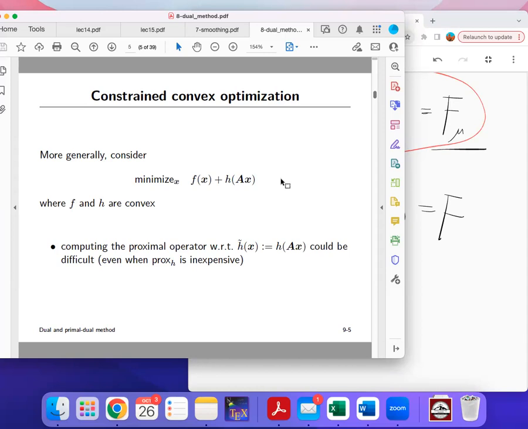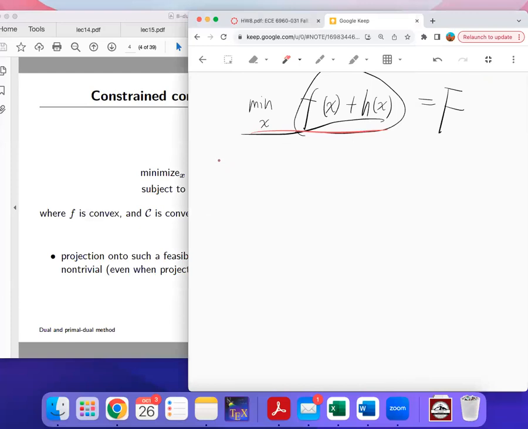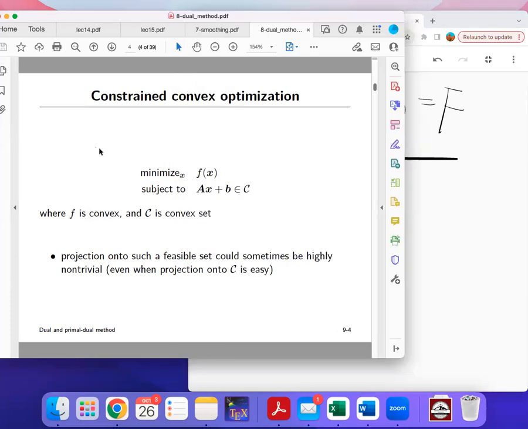So more generally, we consider this composite form, which is minimize f(x) plus h(Ax). This form generalizes the previous constraint form, because we can simply write the constraint as an indicator function. We have mentioned this many times: in optimization, we can treat constraints as a kind of indicator function.